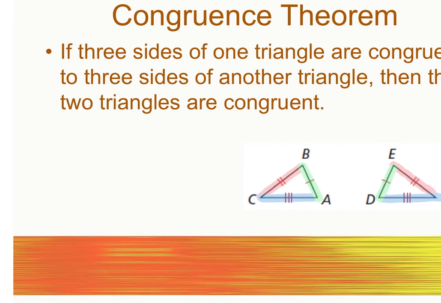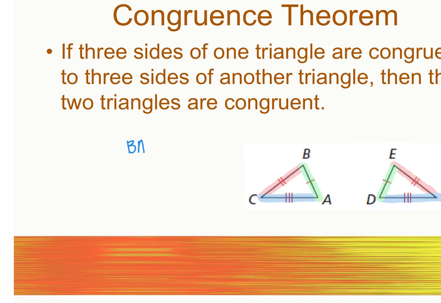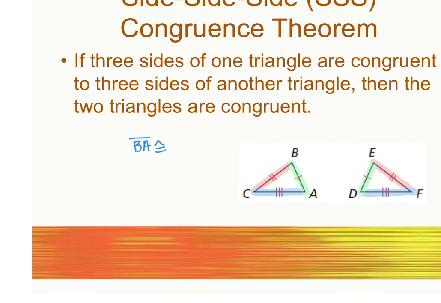So what we can write is that BA, this side, is congruent. Which side was congruent to BA? ED. That's one side. We can say that BC is congruent to EF. That's another side. And we can say that AC is congruent to DF.